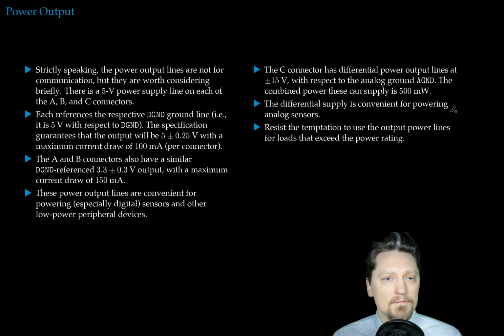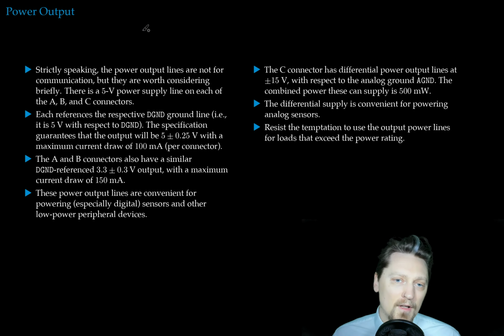Power output. Strictly speaking, the power output lines are not for communication, but they're worth considering briefly. There is a 5 volt power supply line on each of the A, B, and C connectors. Each references the respective D ground line, i.e., it is 5 volts with respect to D ground.